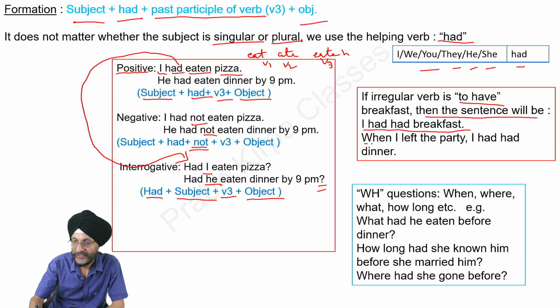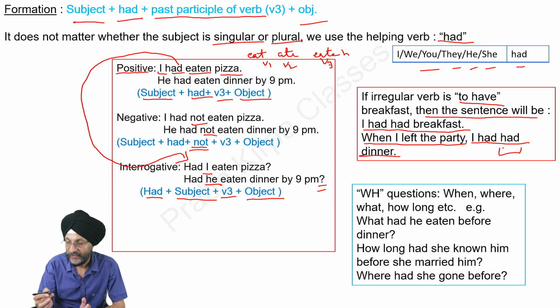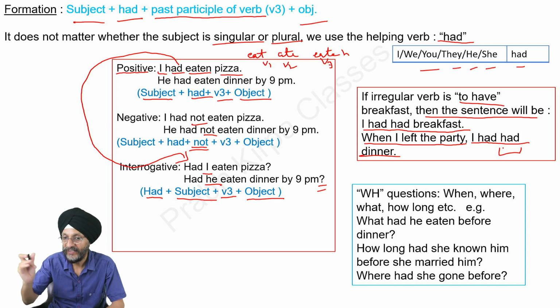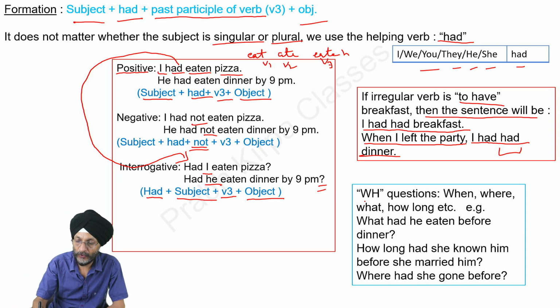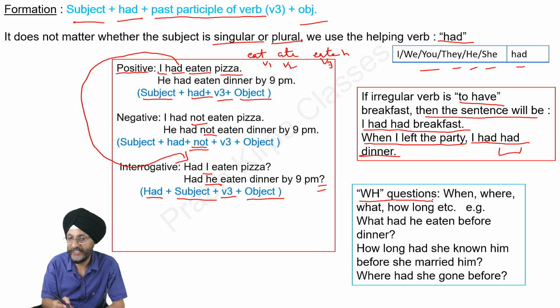Another example is when I left the party, I had dinner. Here had has been used in place of to have. The third form of the verb have has been used. Have, had.